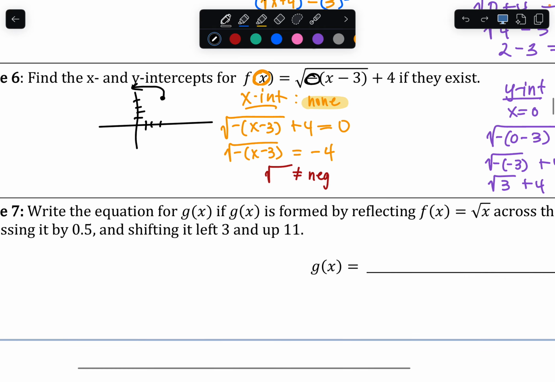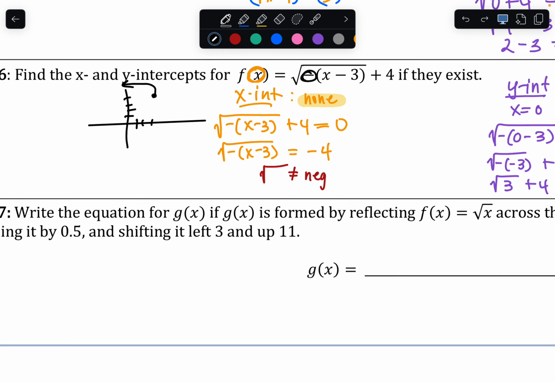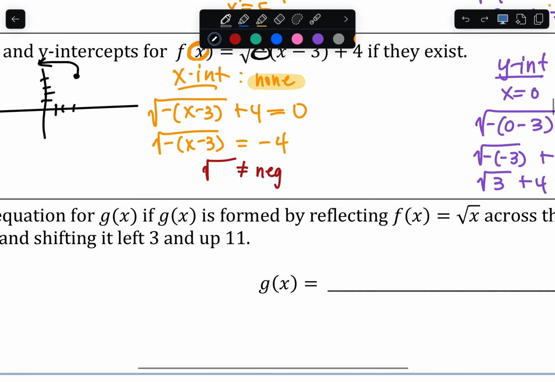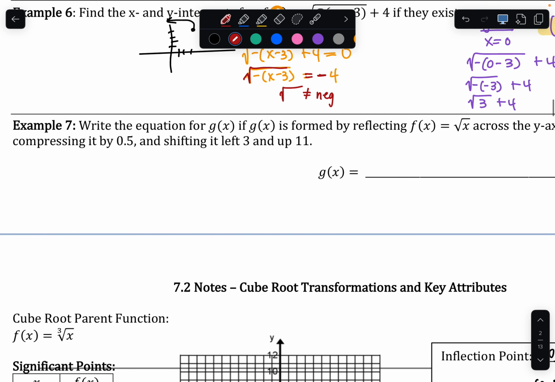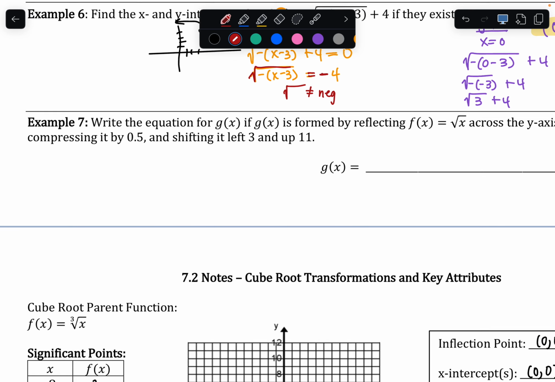So picturing it graphically, you can see, oh yeah, there's no x-intercept here. And then algebraically, you can see that you end up with positive square root equal to a negative number, which can't happen.